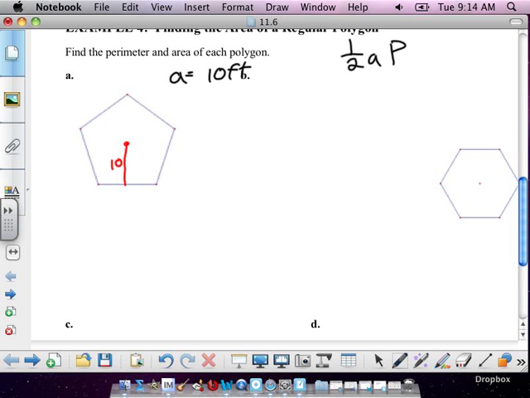We're going to create a right triangle. All right. So if I drew from the center to a corner, we call that a radius. Do you see that I've created a right triangle right here? Okay. What I want to know is this angle up here.